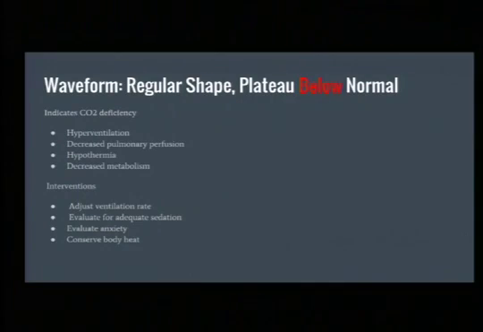If you have a regular shaped waveform, but your plateau, that top line, that C to D on the previous pictogram, is below normal, that indicates a CO2 deficiency, low CO2. So they're hyperventilating, they have decreased pulmonary perfusion, so they can have a PE, where something's not going to the pulmonary arteries.